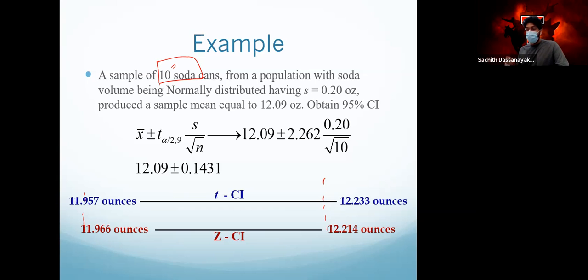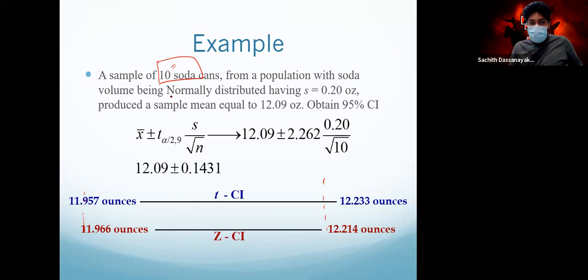So in that case, if we use Z intervals, most of the time it gives us wrong answers. I mean, our actual mu is not inside this interval. It is going to be outside the interval. So to avoid those kinds of problems, we use T instead of Z for small samples. That's the idea you can get here. Clear?